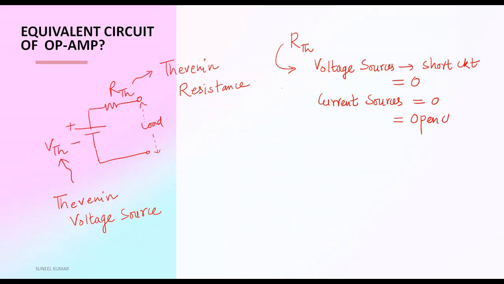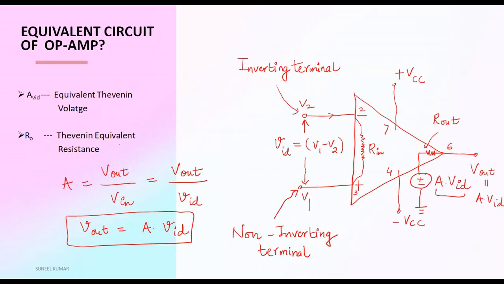So by using this fundamental, we can calculate the Thevenin voltage and Thevenin resistance. Here we can see that AVID is the Thevenin voltage of this circuit, and this output resistance is the Thevenin resistance of this circuit.